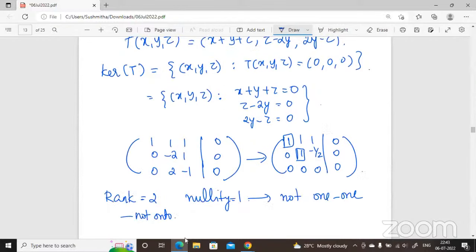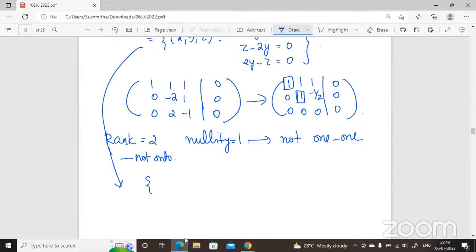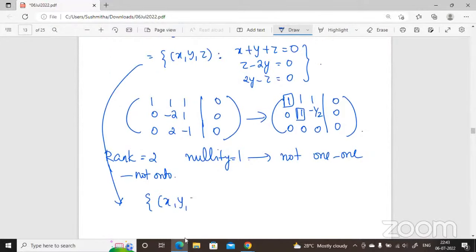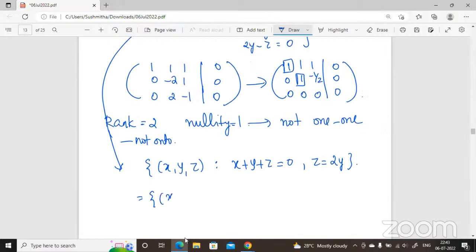So from here, let's get back. It is the set of all vectors which satisfy x plus y plus z is equal to 0, and z is equal to 2y, right? From these two equations, I get z is equal to 2y. So x is equal to minus y minus z, minus y minus 2y, minus 3y, right?